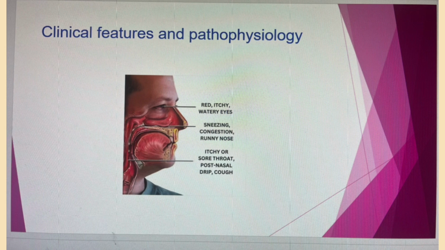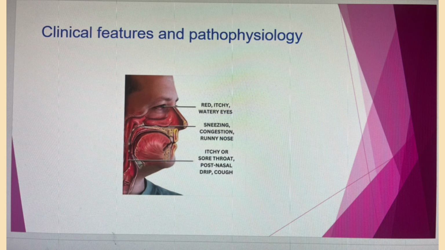The onset of allergic rhinitis is most common at ages 10 to 20. As you see in the picture, red, itchy, watery eyes. Number 2, sneezing, nasal congestion, runny nose, or clear nasal discharge. Do not forget, in addition to these nasal symptoms, patients with allergic rhinitis may also present with associated conditions, allergic conjunctivitis or sinusitis.